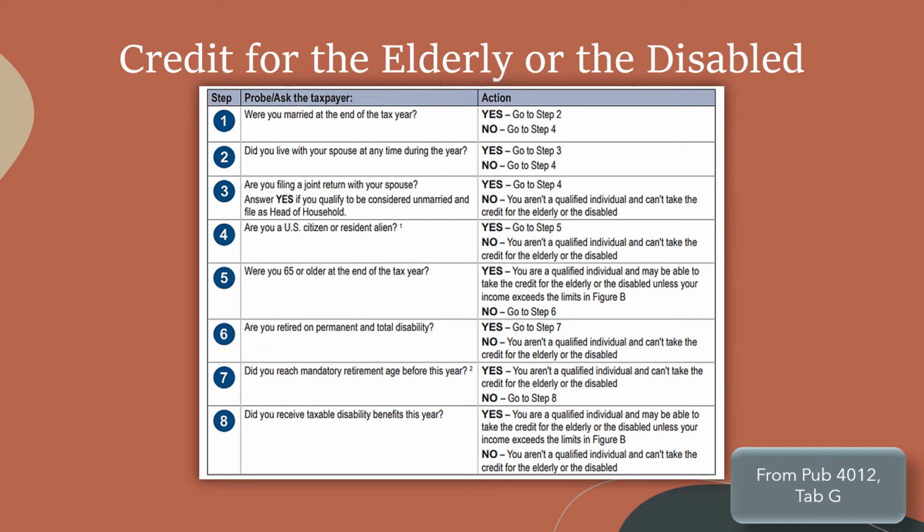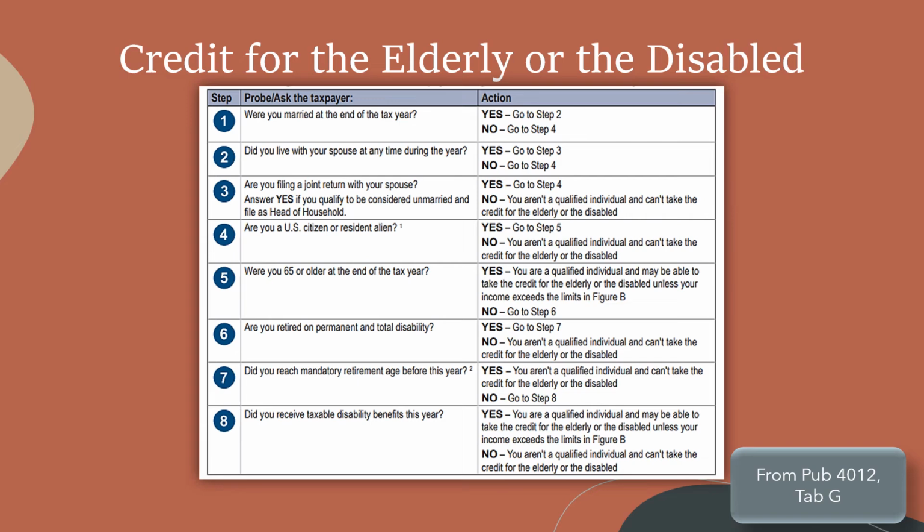So let's say yes, step 3. Step 3 is, are you filing a joint return with your spouse? If yes, they can move on. If not, they aren't a qualified individual and can't take this credit. So where this is leading us is if our taxpayers are married and they lived together, they need to be filing a joint return. Otherwise, they don't get to claim the credit.